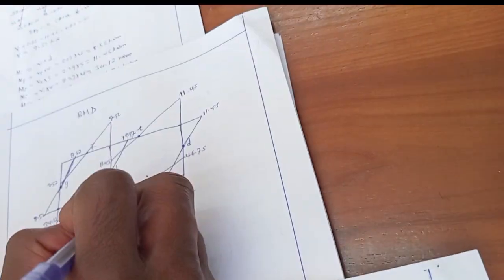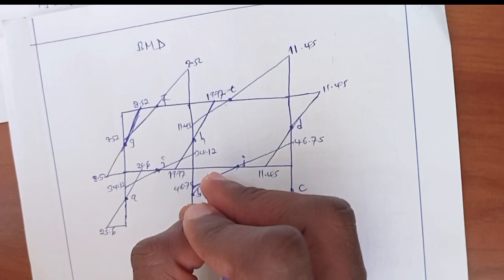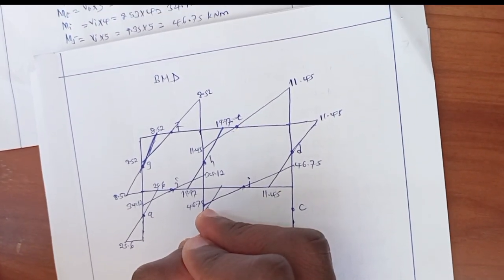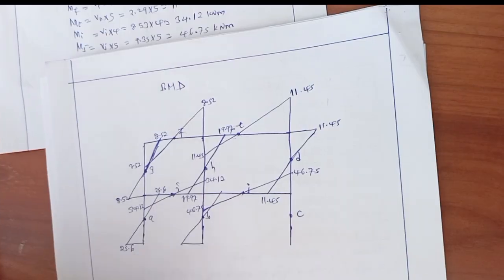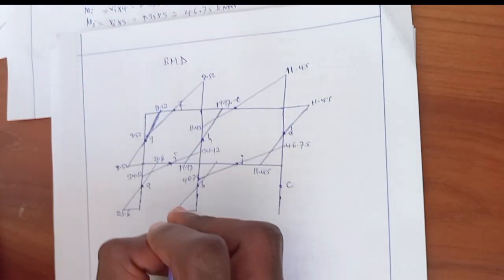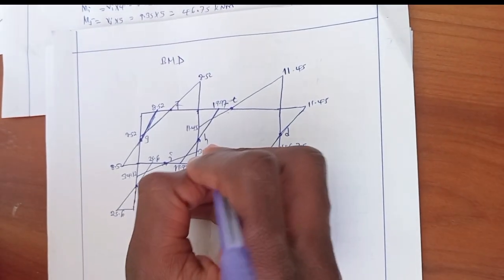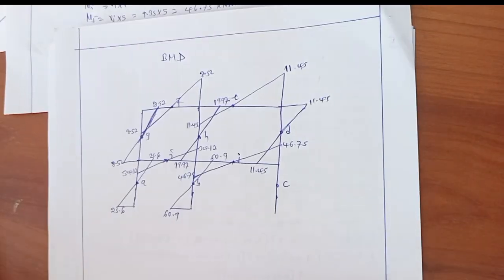So the tail of MB is at this region, so its bending moment diagram will be drawn at this region. For equilibrium, we shall prolong it this way. So this is MB, which is 60.9.